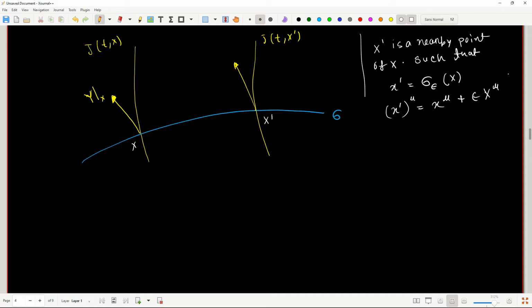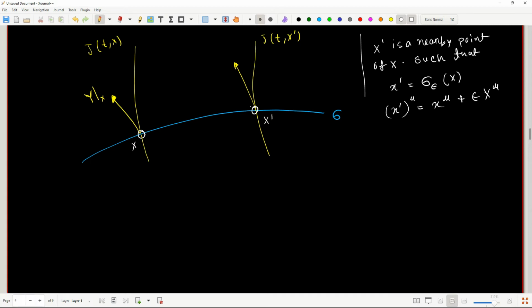Now what you understand over here is that these two vectors are at different points, so we cannot subtract them yet, because if two vectors are at different points, we cannot bring their base to some common point and subtract them.